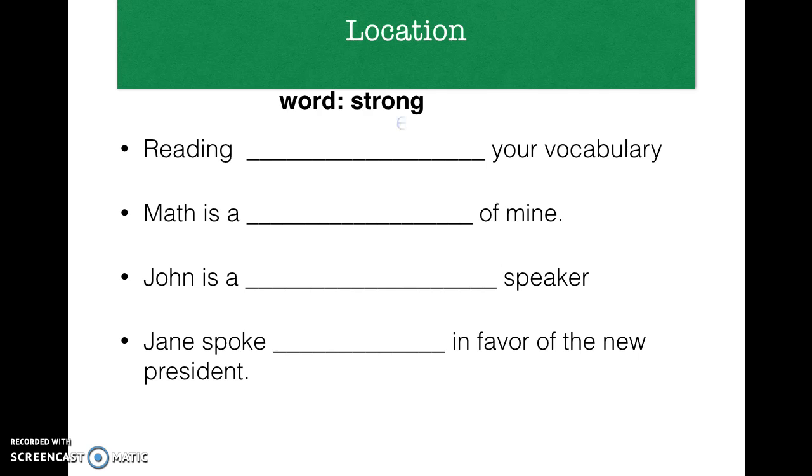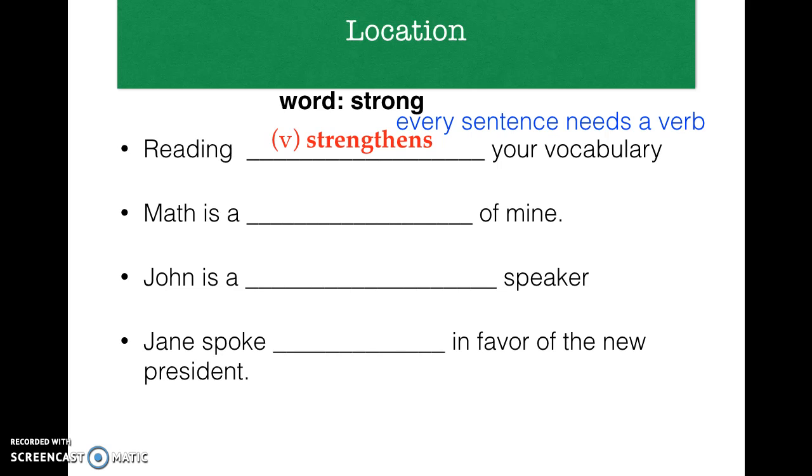The first one we can see, well, reading is a gerund, that's a noun. Vocabulary is a noun. Your is a possessive pronoun. And every sentence needs a verb. So we need a verb in here. How do we make a verb? Well, we put en at the end. Okay, so we need the verb form of strong.